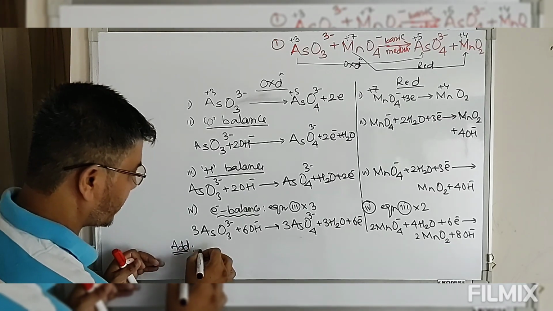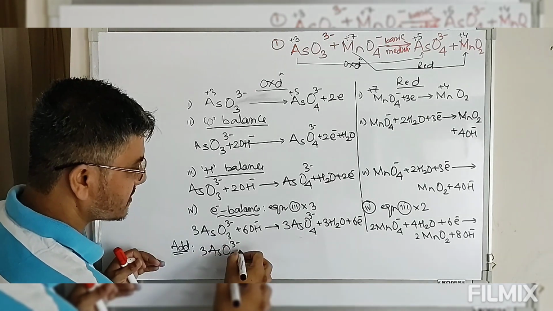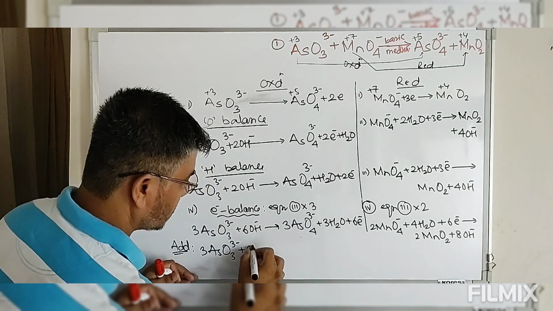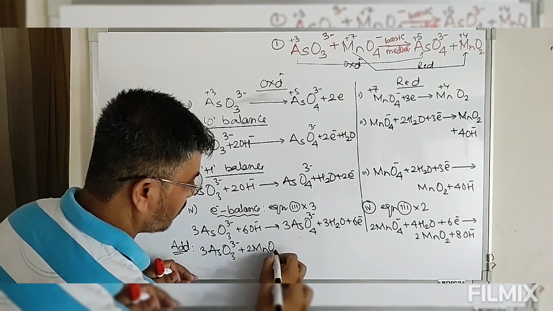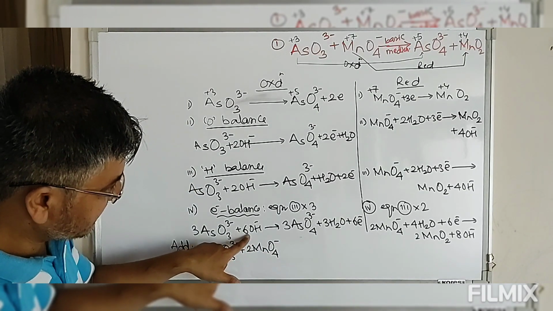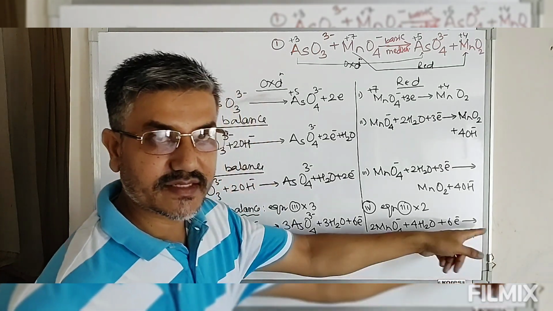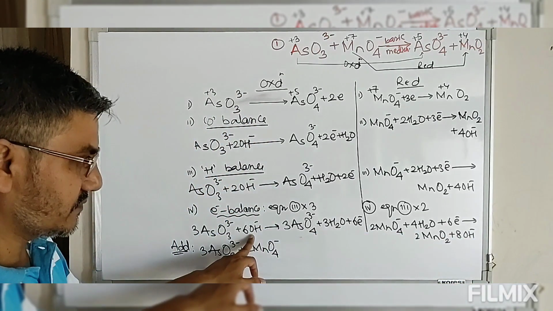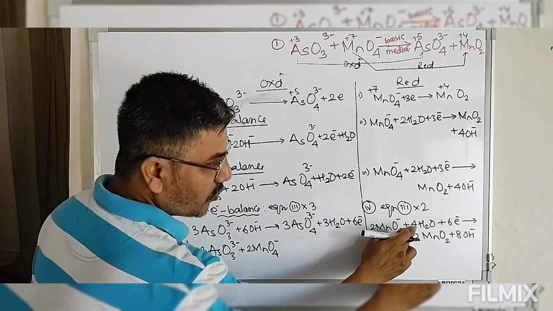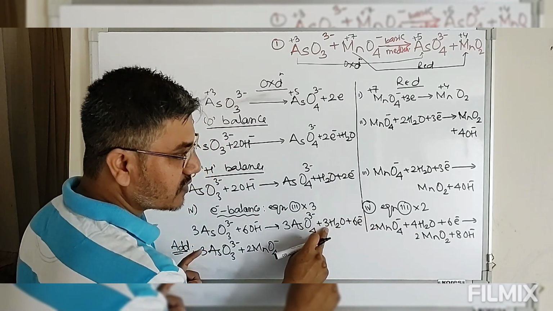So left side, look at this. We have 3 AsO3 3 minus plus we have 2 MnO4 minus. Now look at this. We have 6 OH minus in left side, 8 OH minus on right hand side, so this will cancel out. Okay. Next, look at this. We have 4 H2O on left side, 3 H2O on right hand side.